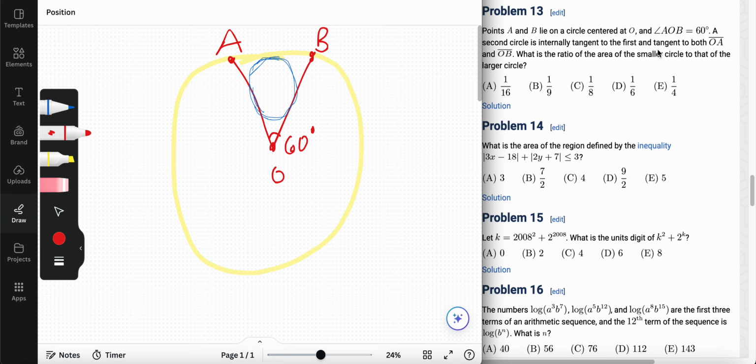If that's 60, let's see, ratio of the areas. We're trying to find the areas. So this is the center of this. Each of these is r, right? We can treat each of these as r.